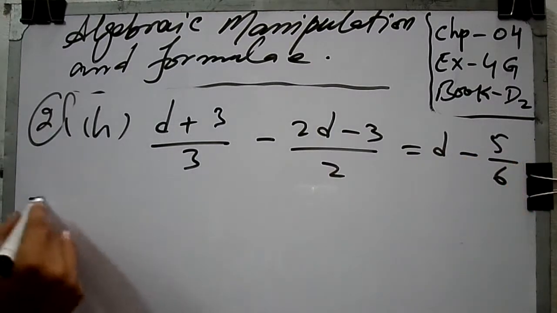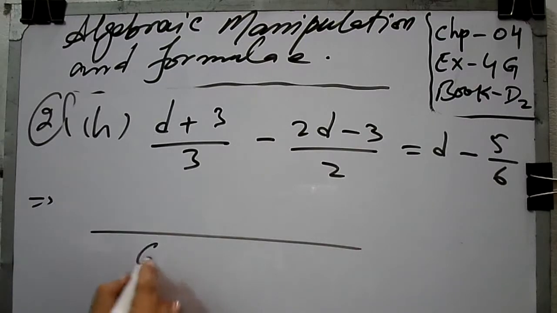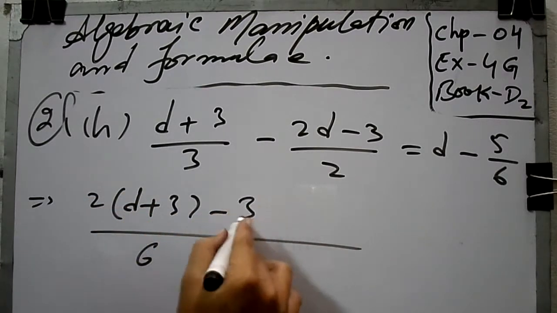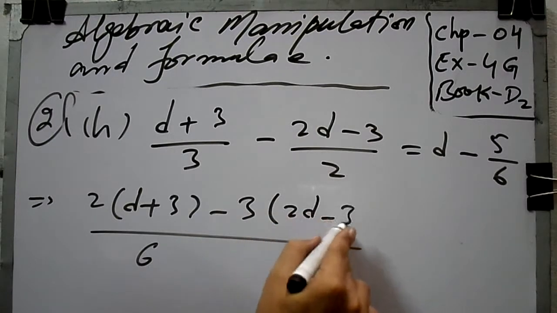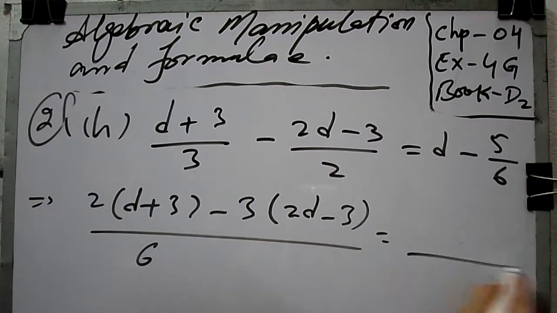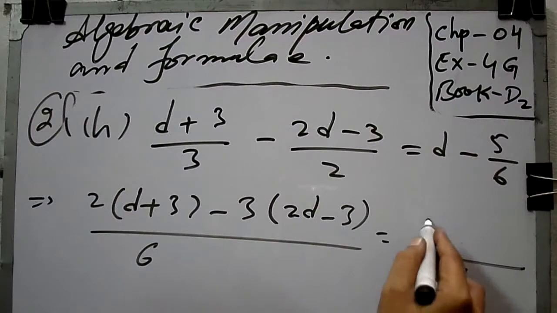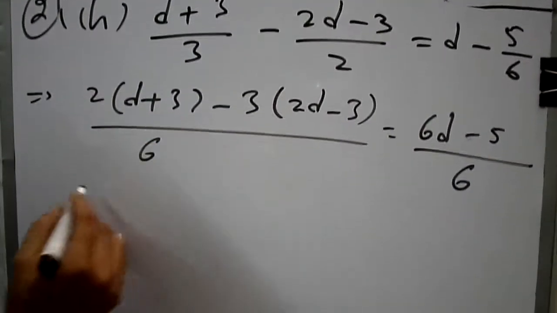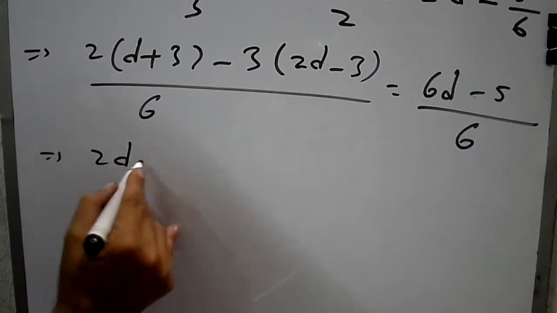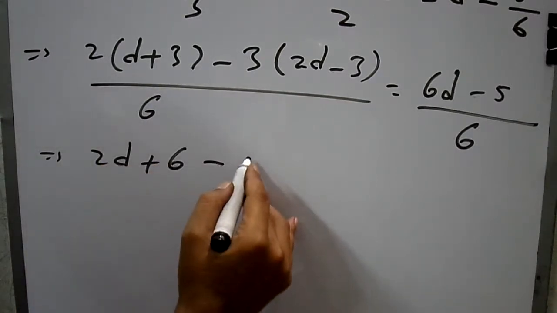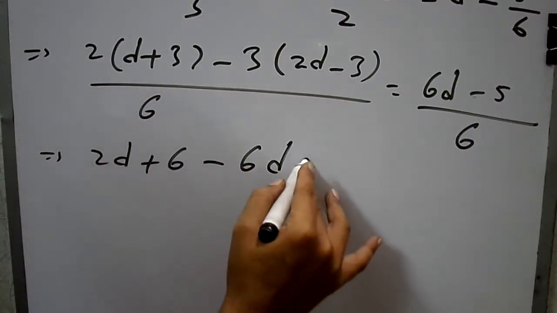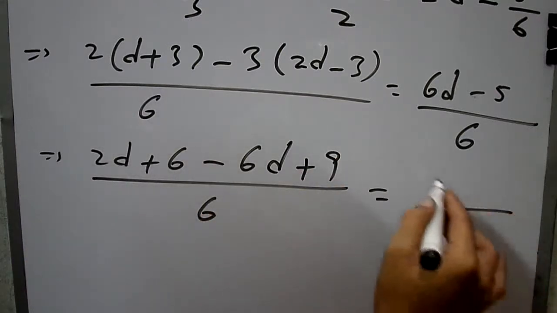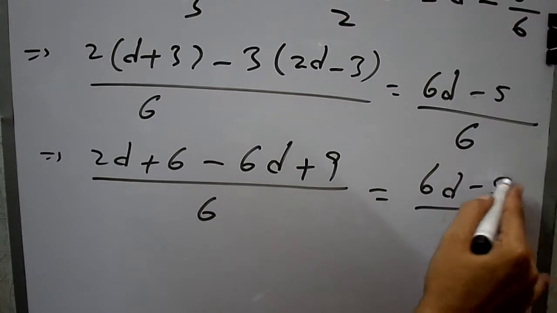Okay, taking LCM, left hand side LCM 6, 2 into (D plus 3). Again LCM of the right hand side 6, 6D minus 5. So after simplification, 2D, you will get (6D minus 5) by 6.